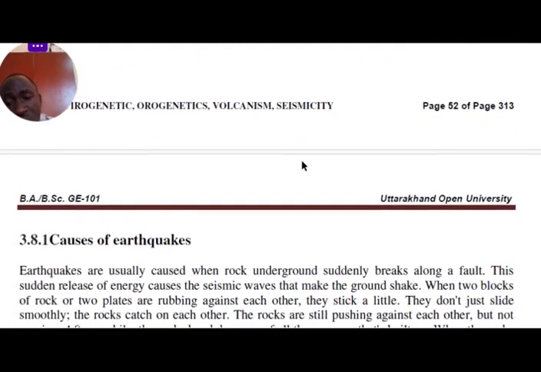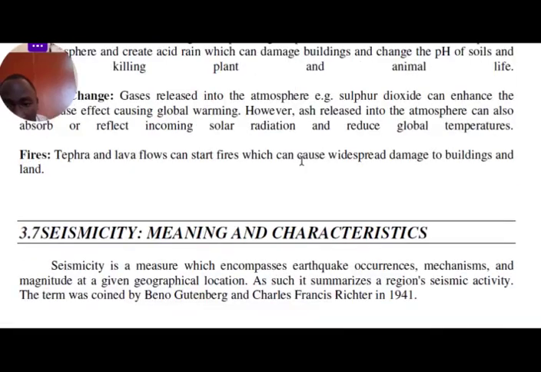When we go on, we are going to be looking at the causes of earthquakes on the Earth's surface, and we also determine how these earthquakes are created from what we have termed seismicity. Seismicity will be our next case study. For now, I beg we stop here, and we shall be picking up next time from there.